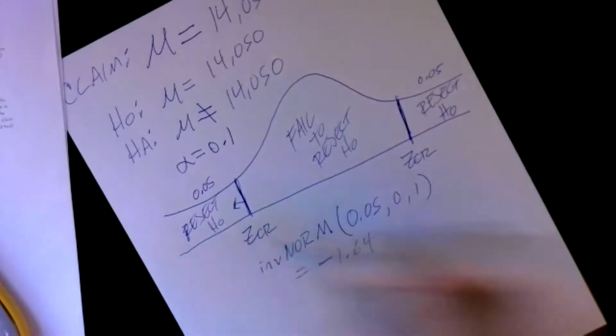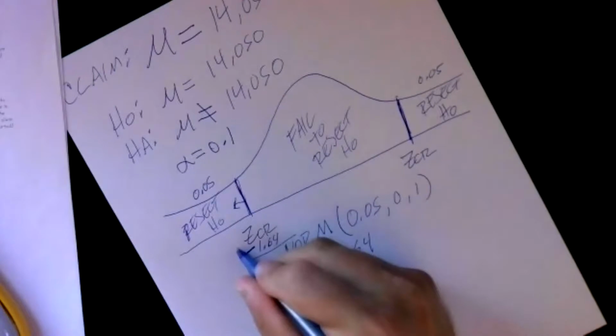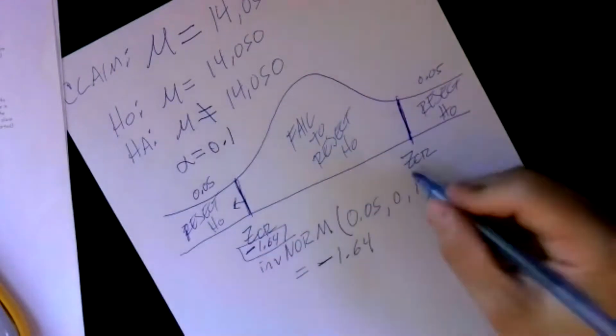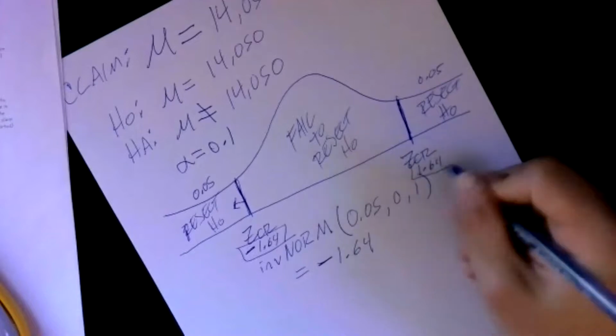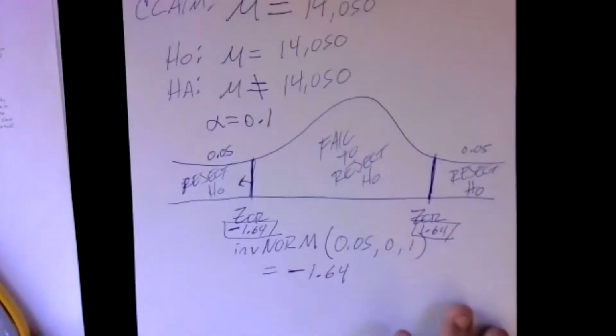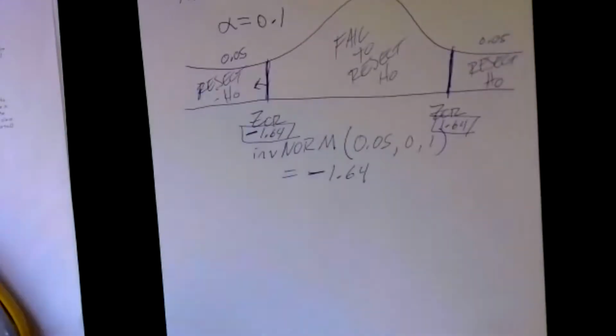So the z critical value over here is negative 1.64, which means the other z critical value will be positive 1.64. And now we know what defines the rejection regions. Okay, compute the test statistic.